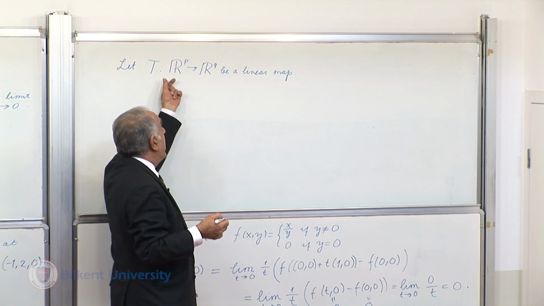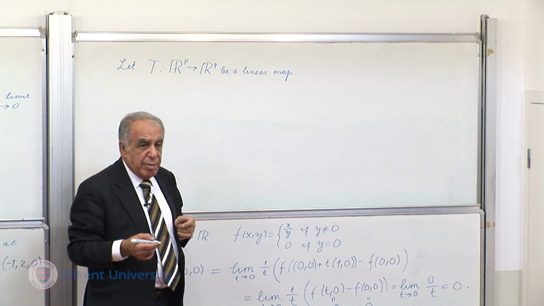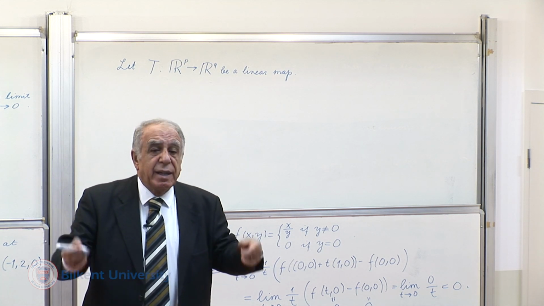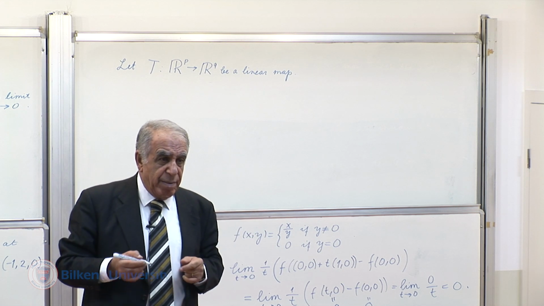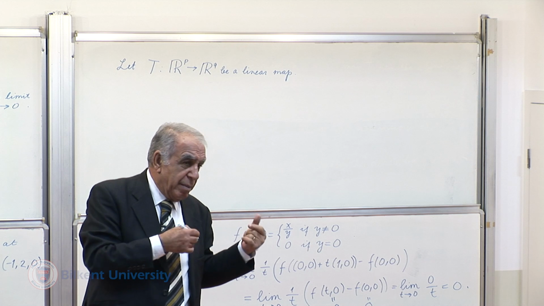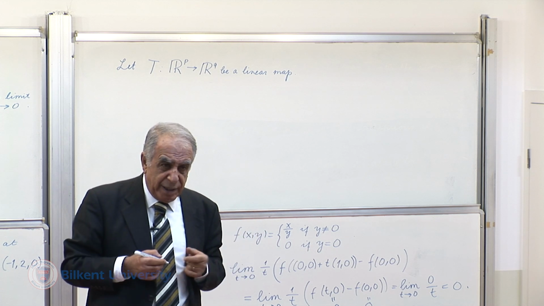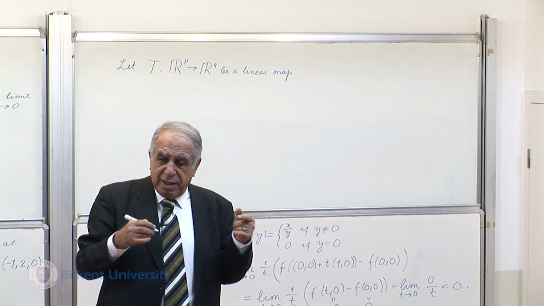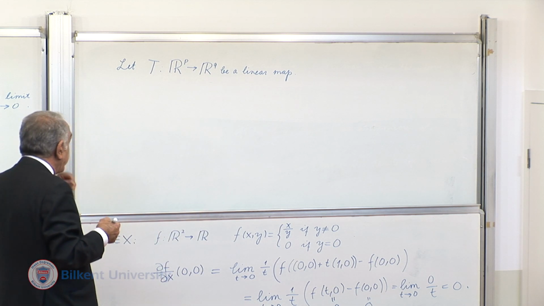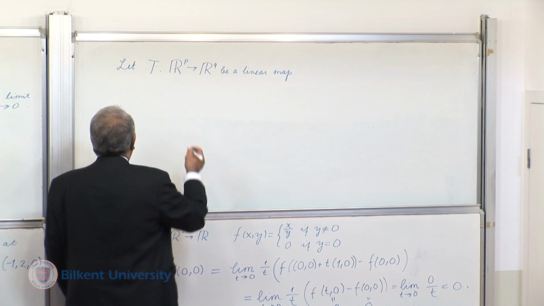If one basis for this and another basis for Rq is given, then we can represent it again by a q by p matrix, which represents it this time with respect to the given basis. But let's confine ourselves to representation by standard basis.